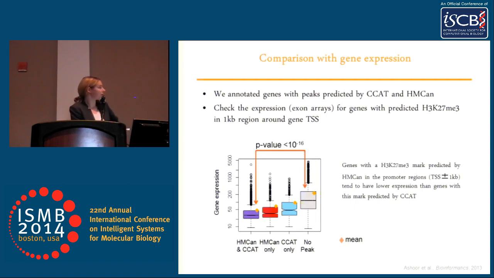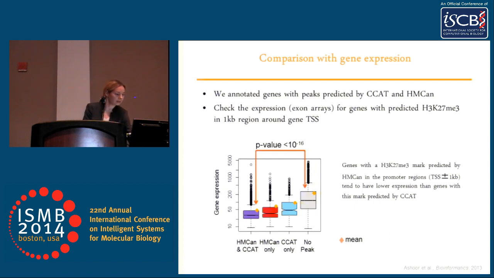First, purple genes and gray. So purple genes, these are genes which have this repressive mark on the TSS predicted by both tools. And this is when there is no mark predicted on the TSS, and we see that gene expression is much higher when there is no mark predicted. This is what we expect.